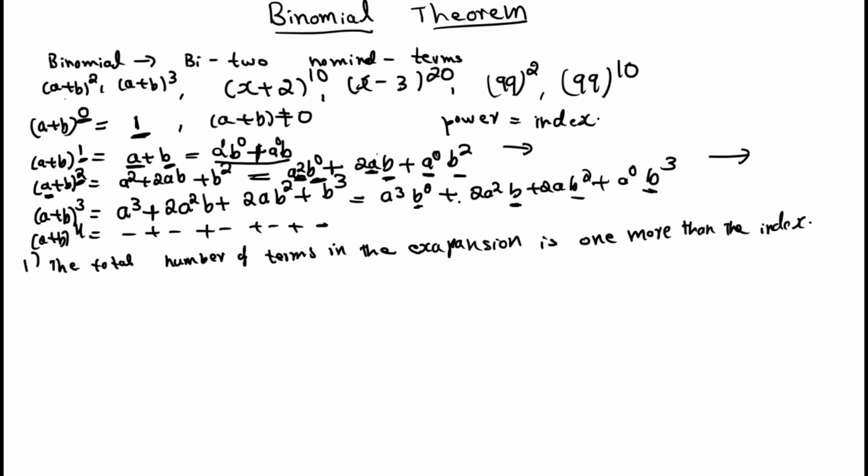That's a second observation. As we move from left side to right side in the expansion, power of the first quantity decreases by 1 and power of the second quantity increases by 1. I'll write it there.